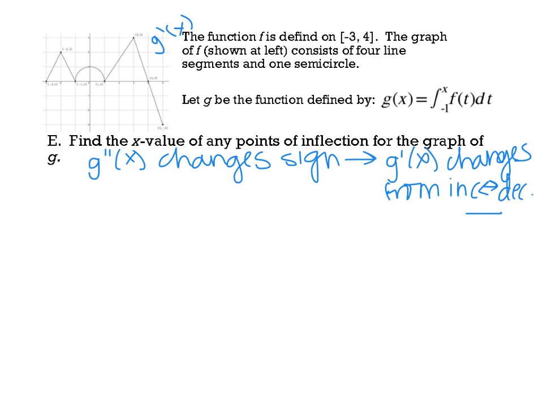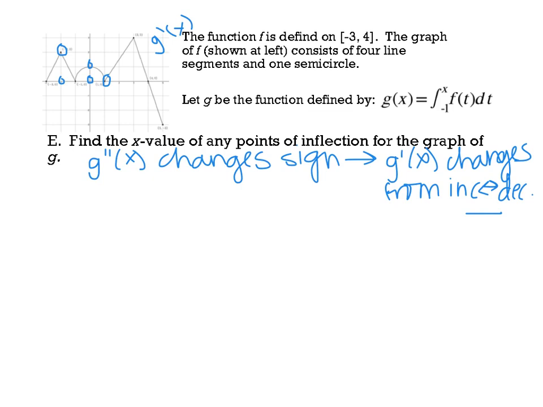Okay, so let's take a look at that. So we have a change at x equals -2, it looks like, increasing to decreasing. We have a change from increasing to decreasing at 0. And then we have a change from decreasing to increasing at 1.